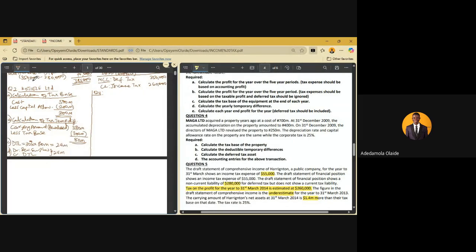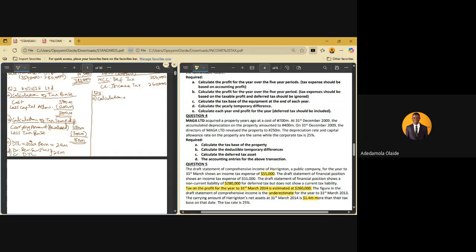At 31 December 2009, the accumulated depreciation on the property amounted to 400 million. On 31 December 2009, the directors of Maga Limited revalued the property to 250 million. The depreciation rate and capital allowance rate on the property are the same, while the corporate tax rate is 25%. First, we are asked to calculate tax base.